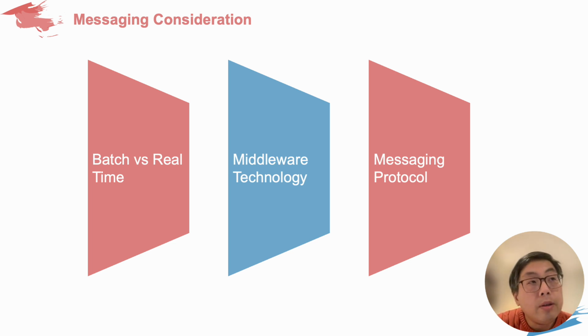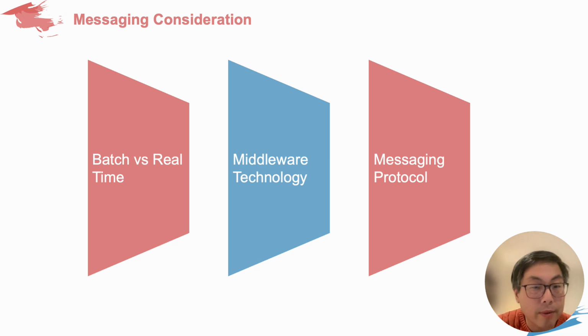I think in general, we just need to be aware of the capabilities of those middleware, and most importantly, whether they support all the protocols, say REST API, SOAP API. Do they support synchronous, asynchronous? What is the performance like?